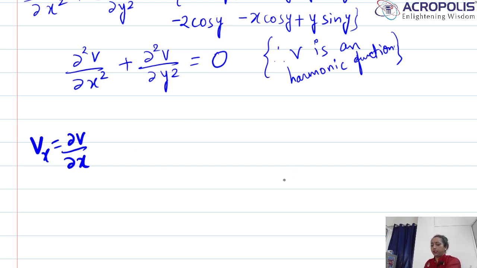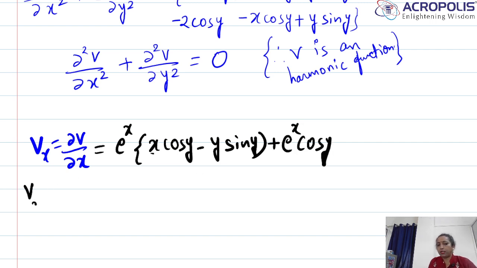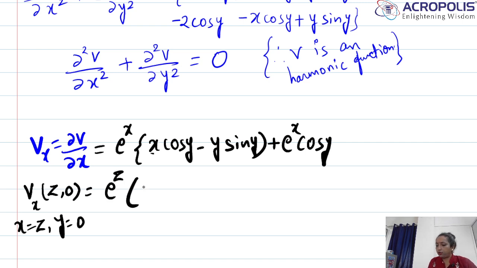Del v by del x is equal to e to the power x (x cos y minus y sin y) plus e to the power x cos y, as I have written this value as vx(z, 0). So I am putting x equal to z and y equal to 0 here. So I am getting e to the power z dot (z plus 1), right? e to the power z dot (z plus 1).